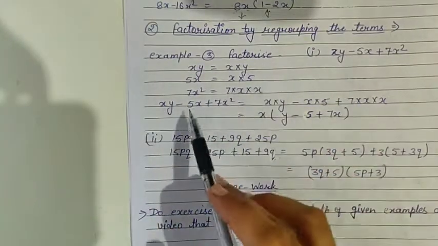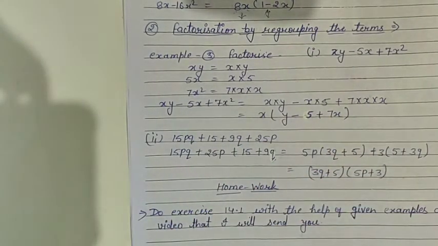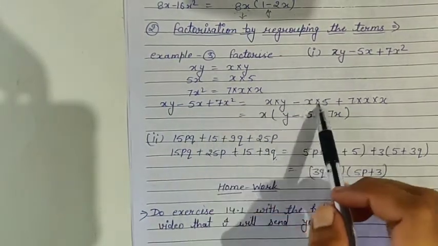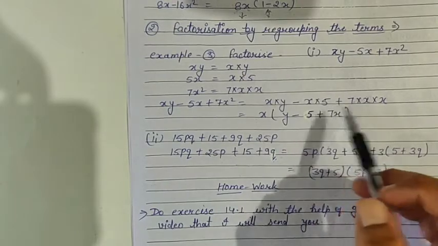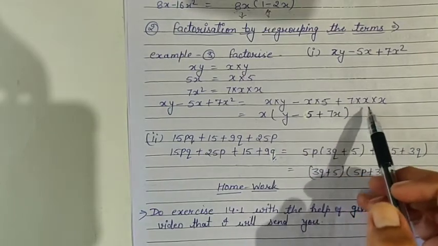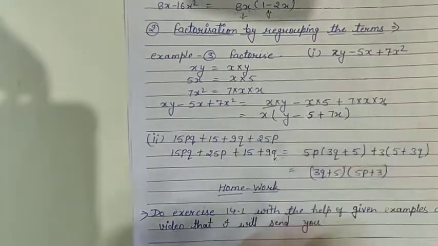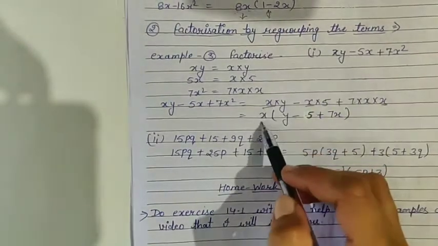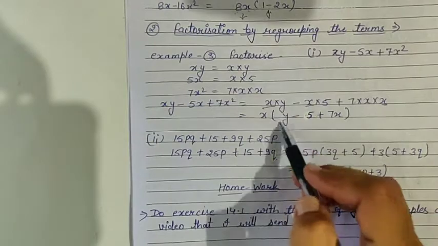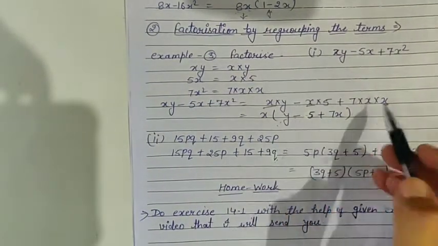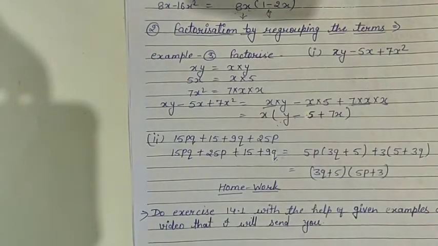Now xy minus 5x plus 7x square. Factors of xy is x into y, factors of 5x is x into 5, and factors of 7x square is 7 into x into x. So x is common in all these three terms. So we will take x common. Here y will remain, here minus 5, and here 7x is the remaining part.